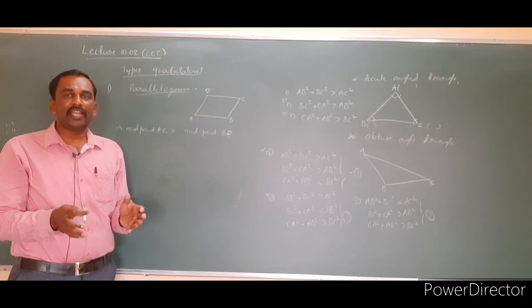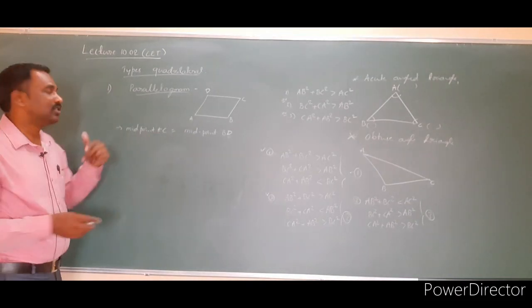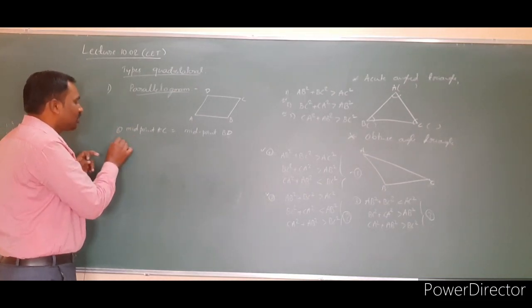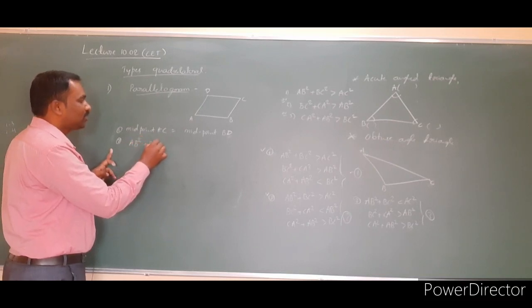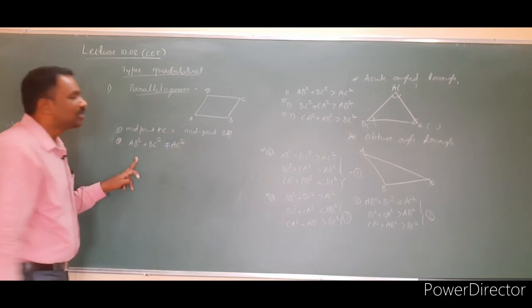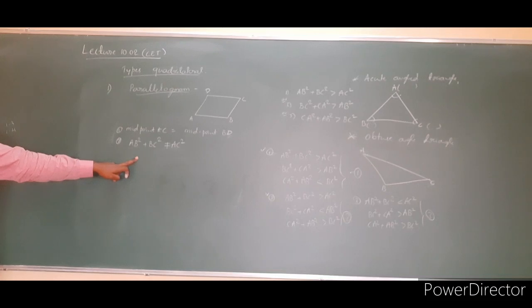That means the midpoints of the diagonals must be the same. Not only this condition, there is a next condition. AB square plus BC square is not equal to AC square. This condition should be satisfied.